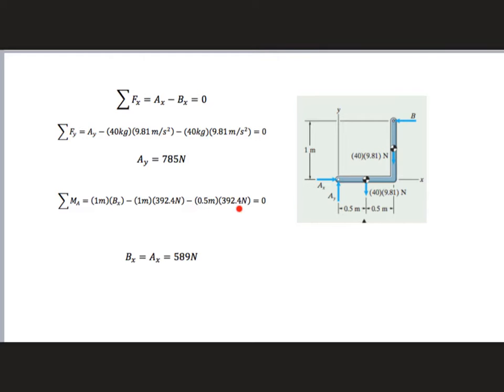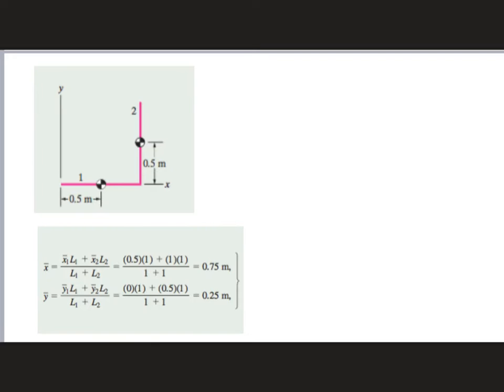We plug in the same weight, and we can solve for Bx. We get Bx is 589 newtons. We know that Bx and Ax must be the same, and so we have answered the problem. We can say that Bx and Ax are 589 newtons, Ay is 785 newtons, and so we have the reaction forces at both points A and B.